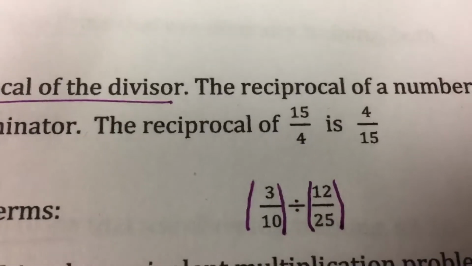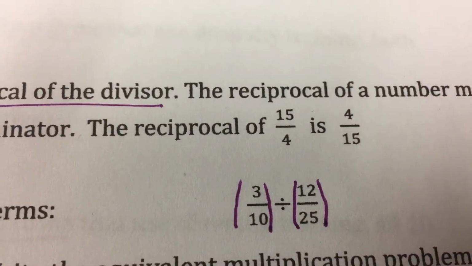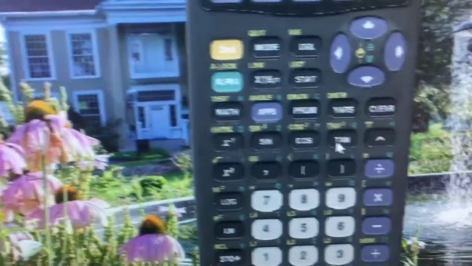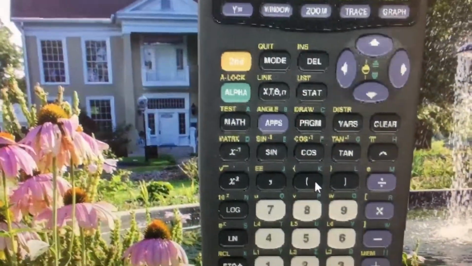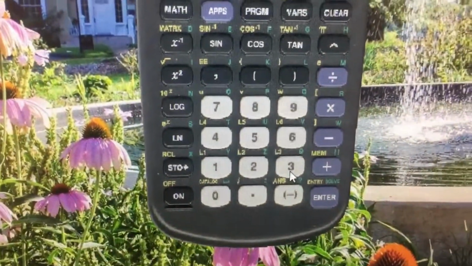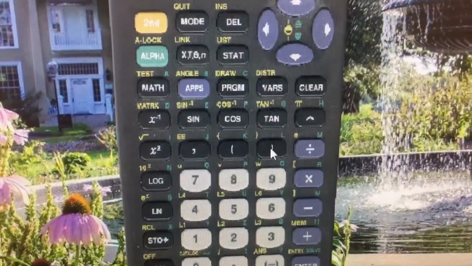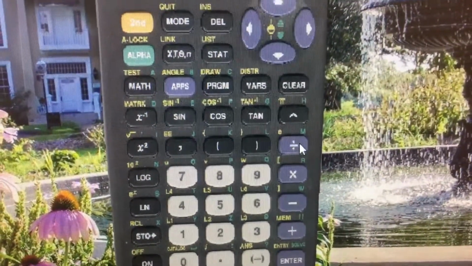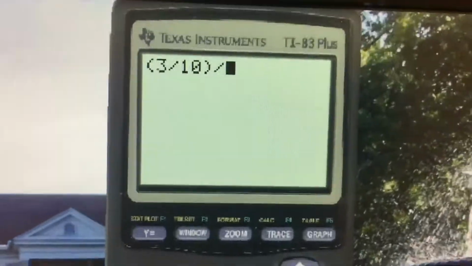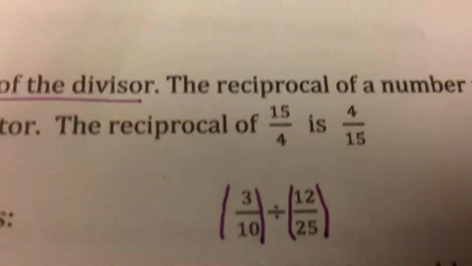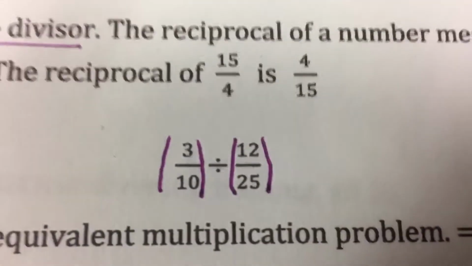Now, I'm going to take the problem that I'm given, 3 over 10 divided by 12 over 25. I'm going to use parentheses. I'm going to type in 3 divided by 10. I'm going to close my parentheses. And then I'm going to push the divide button. When you do, it makes a fraction bar. That's the same thing as the division sign in our problem.